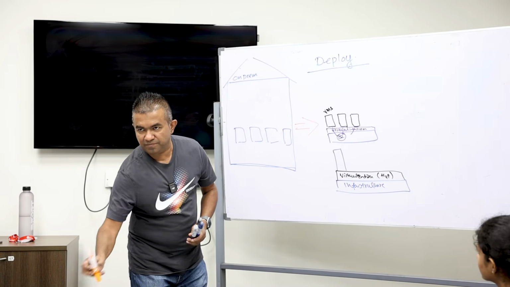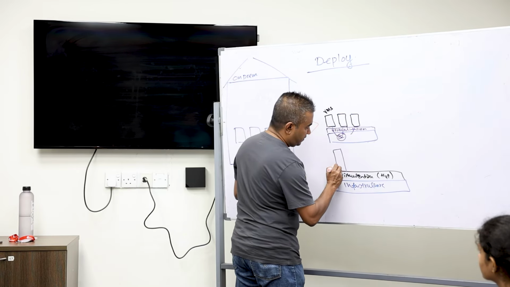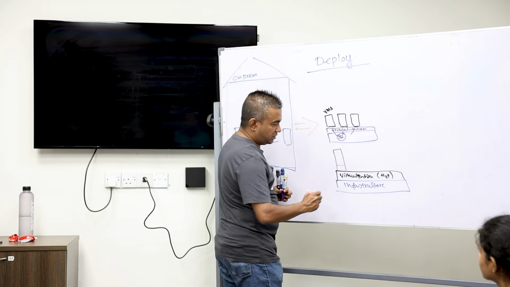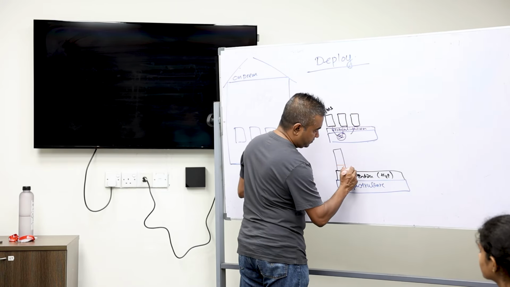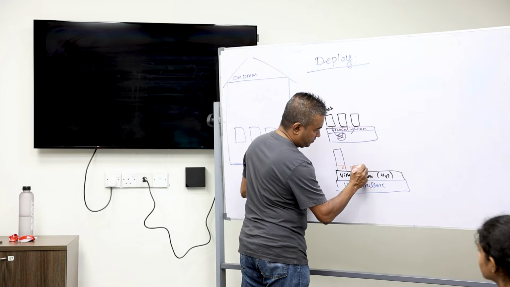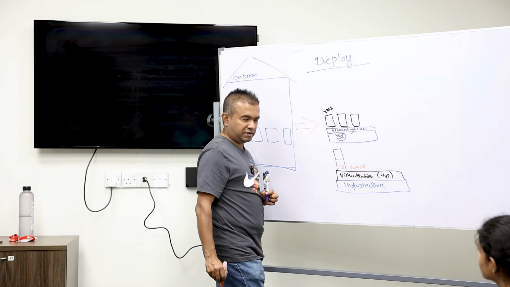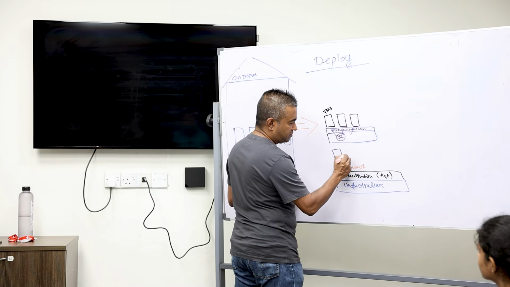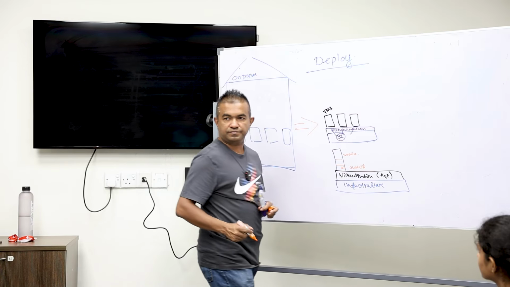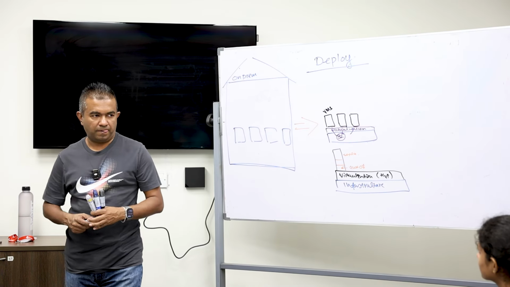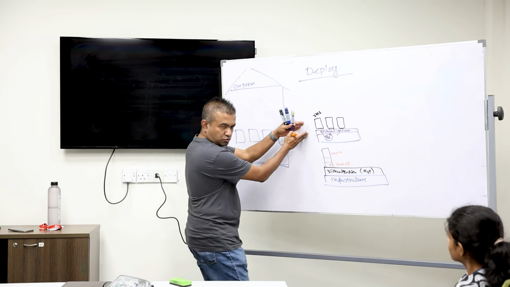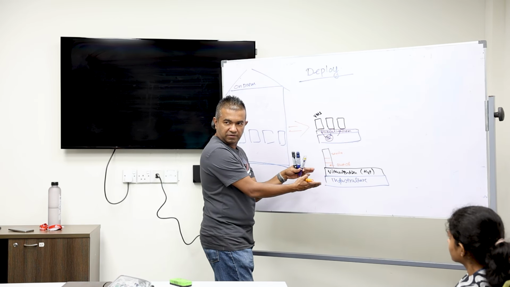Now inside the VM, you have again your guest operating system, right? And then you might have your application server, whatever. Then you have a service. Okay, so this is how it looks if you zoom in.